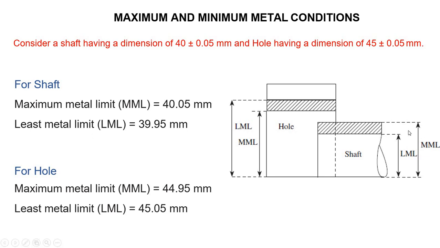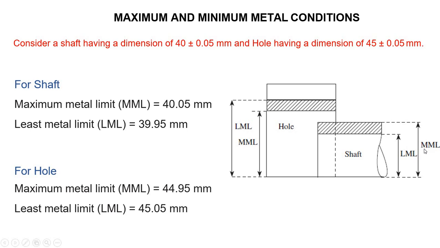So the maximum limit indicates the maximum metal condition: as the shaft has a size of 40.05 mm, it will have the maximum material on it, while at the minimum size the shaft will have the minimum metal on it. By these figures, you can clearly get the idea of minimum material condition and maximum material condition.